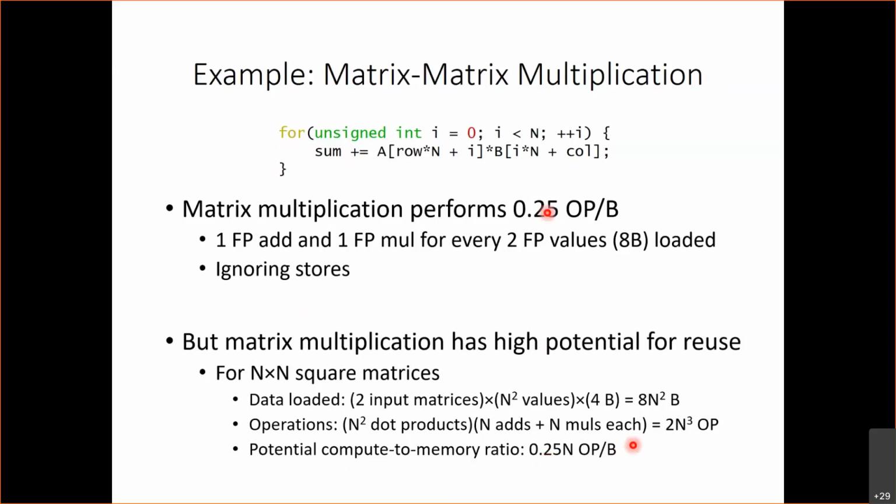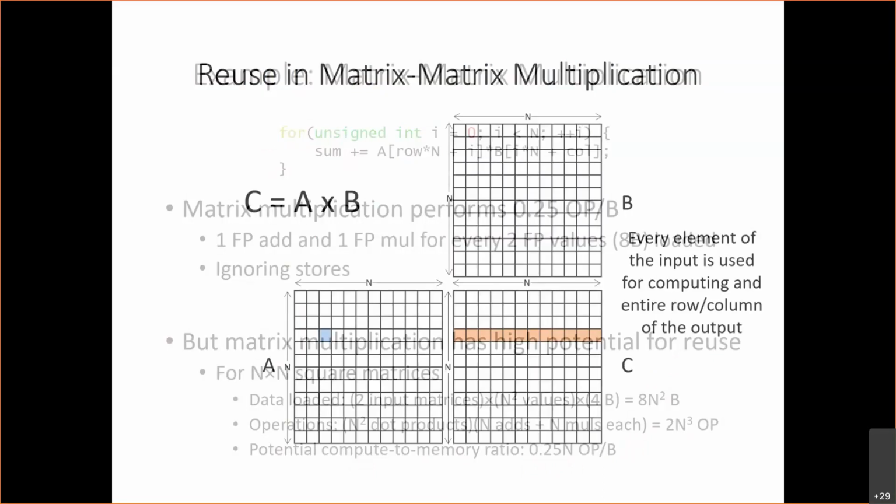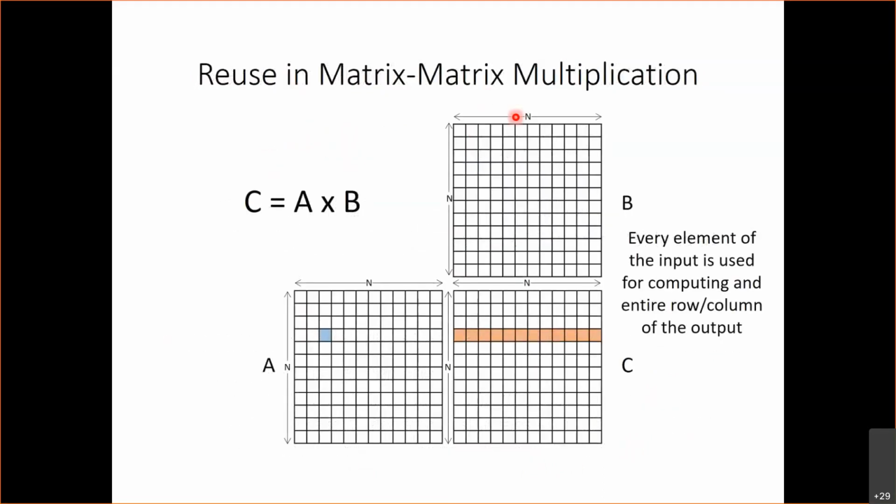But what this indicates is that matrix-matrix multiplication has high potential for data reuse. In other words, it has high potential for having a high compute to memory ratio. Let's take a look at where this comes from. So, reuse in matrix-matrix multiplication.